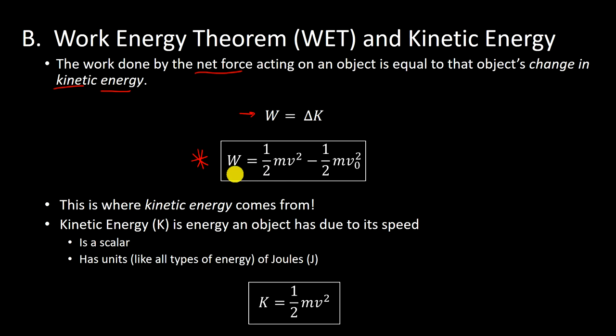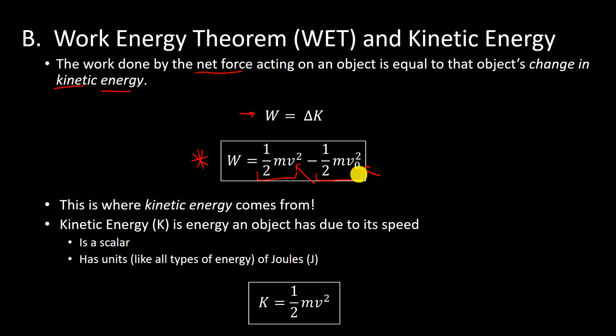When work is done, look at this, we have two very similar terms. Something, whatever these terms are, is changing. You're going from an initial amount to a final amount. This is the classic change. 1/2 mv squared minus 1/2 mv naught squared. One thing minus another. The difference, the change.